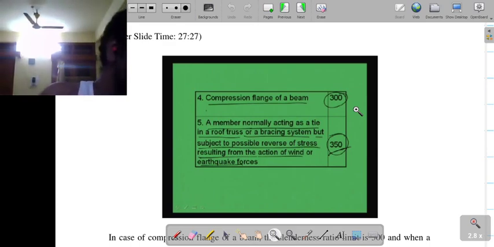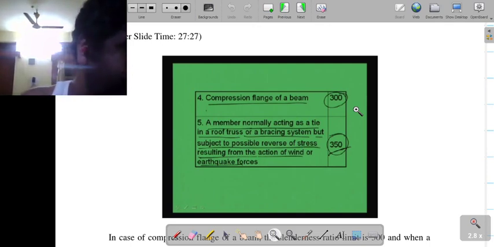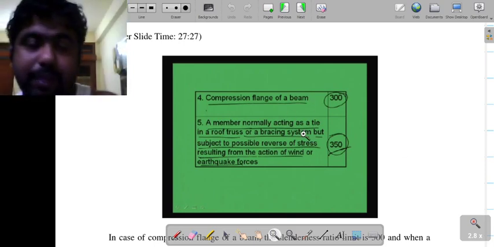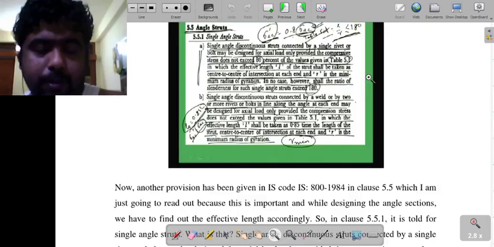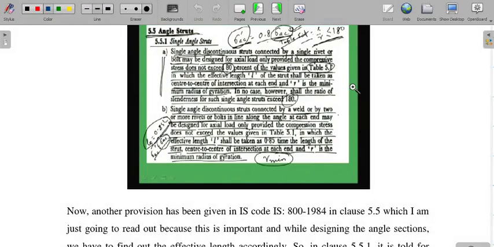Next type of compression member is called the angle strut. We will see what guidelines are given in the code book for the angle strut. There are two types of angle struts possible: single angle strut and double angle strut.